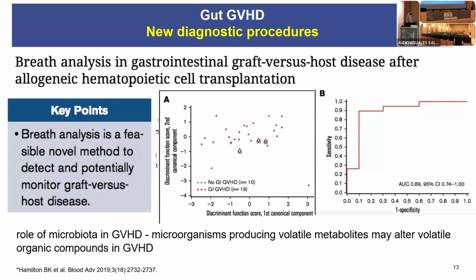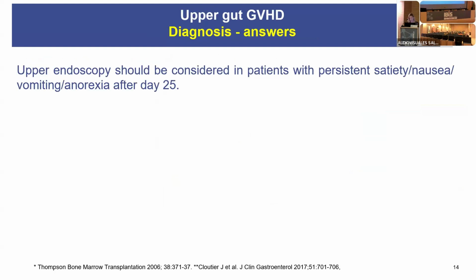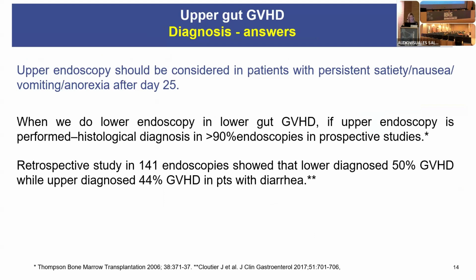So breath analysis, because microorganisms produce volatile metabolites, which in GvHD can alter to volatile organic compounds, and this has been shown in breath analysis in patients with GI GvHD. So I would conclude that upper endoscopy should be considered in patients with persistent satiety, nausea, vomiting, or anorexia after day 25.